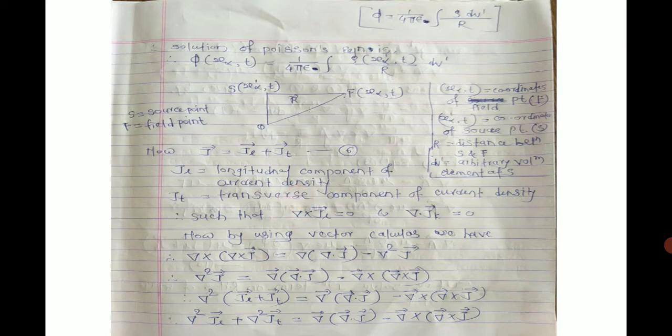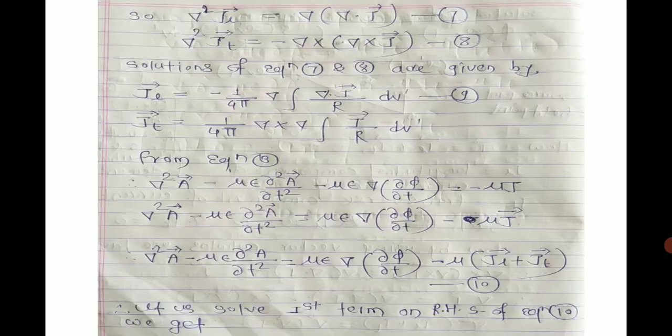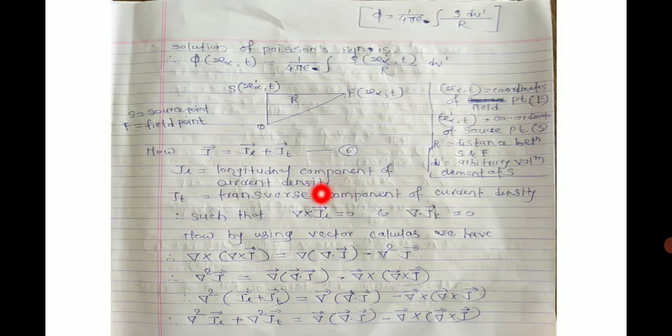But we know two equations in terms of JL and JT, that is del cross JL is equal to 0 and del dot JT is equal to 0. Let's remember these two equations.